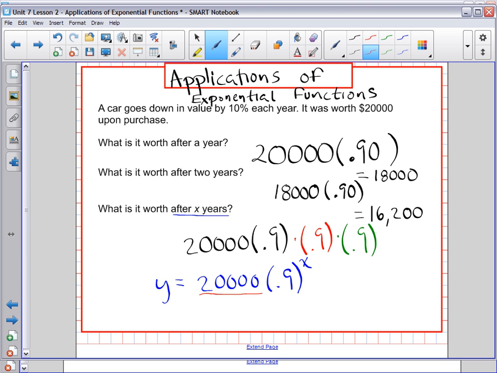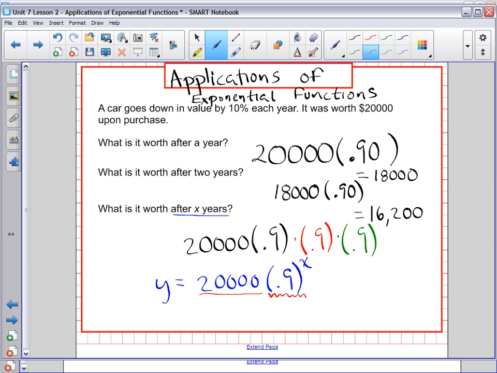If I plugged in x equals 0, I would get a y value of $20,000. 0.9 is called our decay factor, because it is the number that we are continually multiplying by. Remember, the number that we raise to a power, the base, is called our factor. And we know this is exponential decay for two reasons. One, the value is going down, and two, the factor is in between 0 and 1.